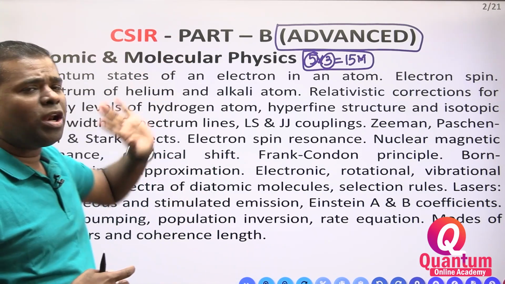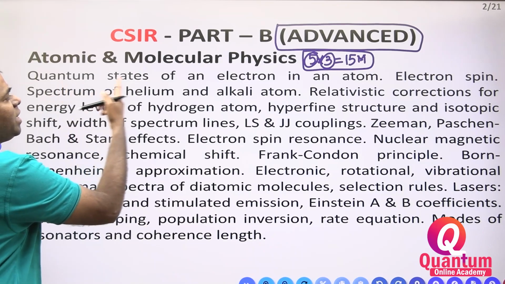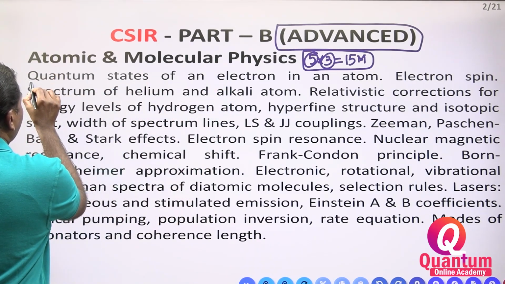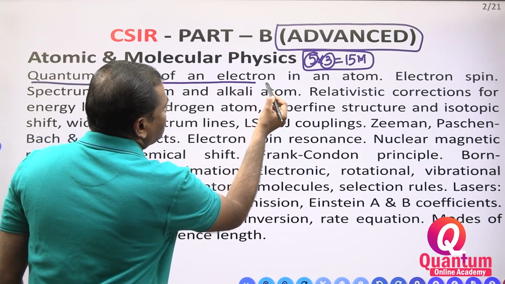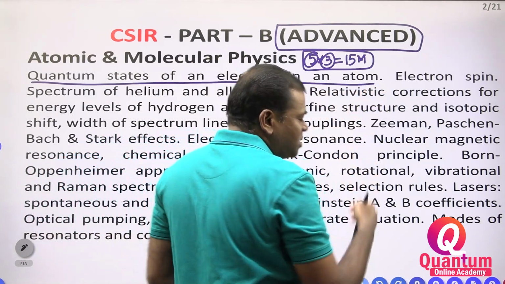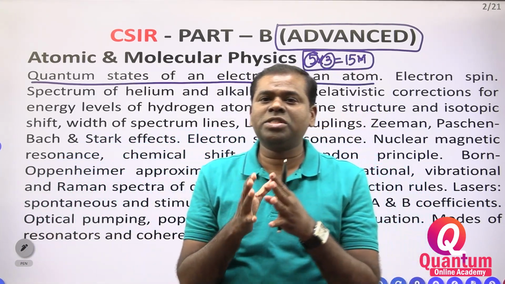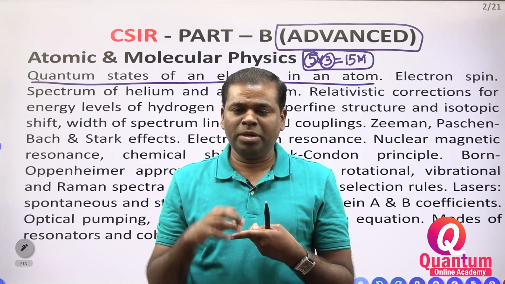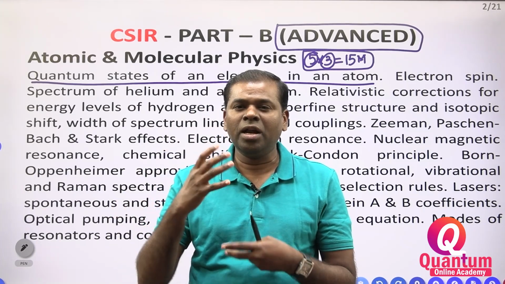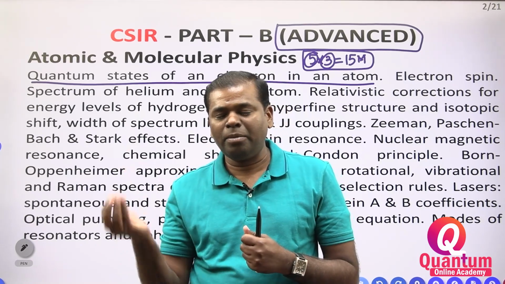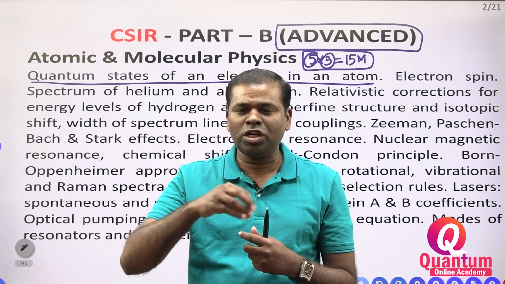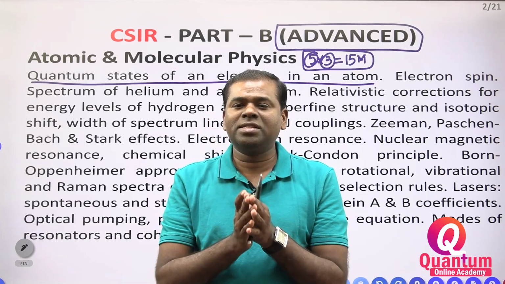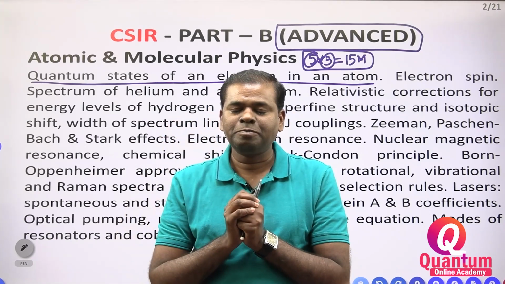First, in atomic and molecular physics, there are the quantum states of an electron in an atom. This is very, very easy. We learn the principal quantum number, azimuthal quantum number, spin quantum number, magnetic quantum number, and total quantum number from here.